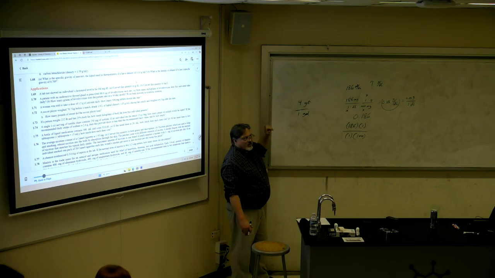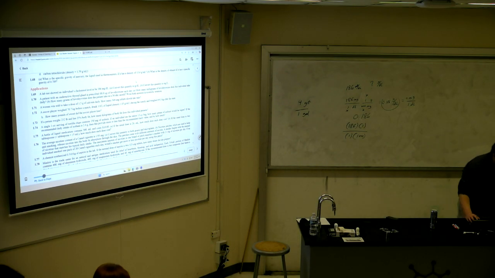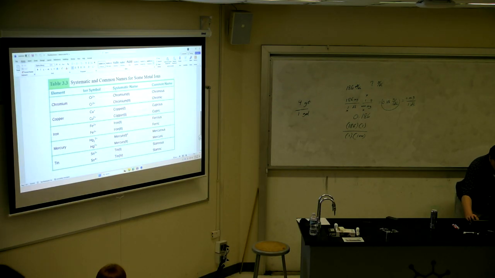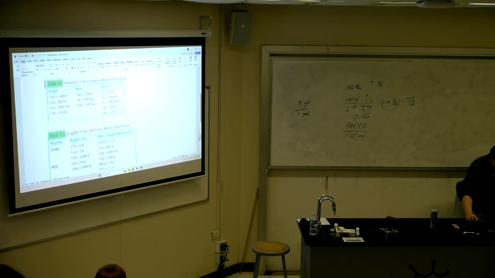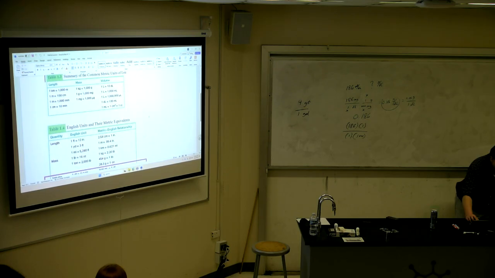It's when you go from English to metric that one of those 2 numbers is not exact. One of the numbers will be a 1, the other number will be a non-1. The non-1 gives you some significant figures to deal with. It's these metric to English.